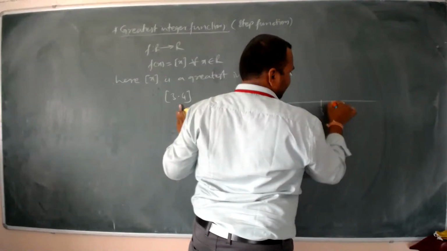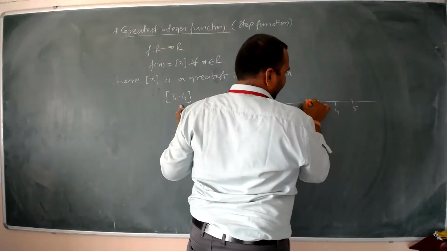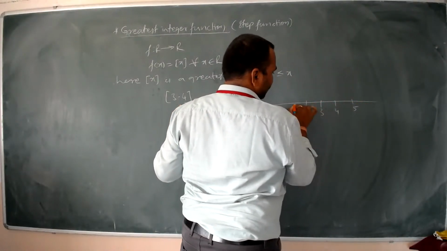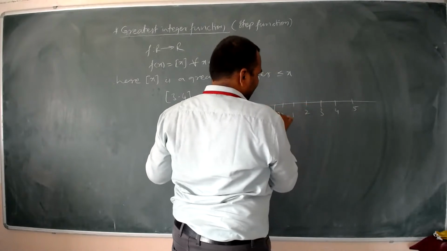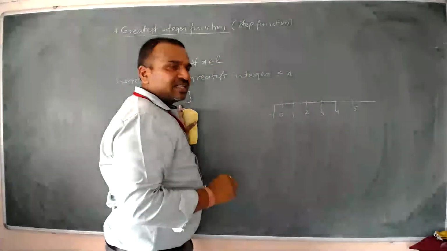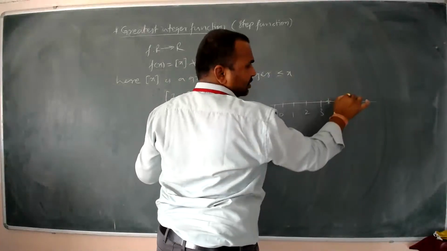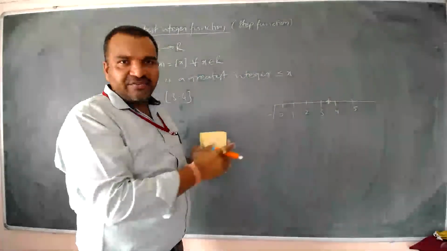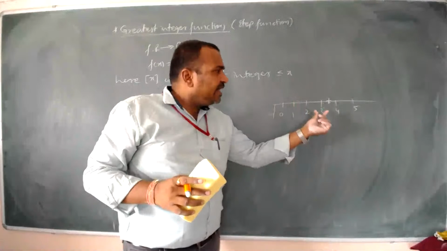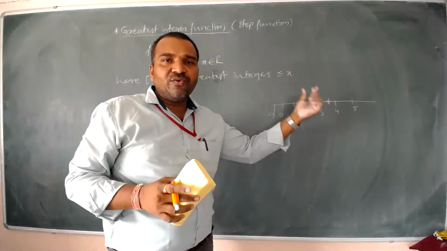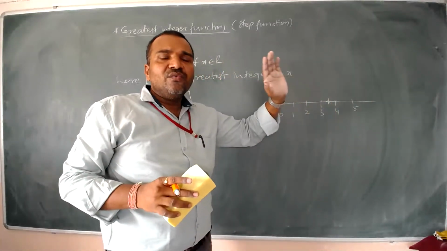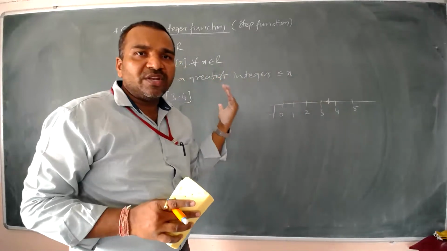Here, 3, 4, 5, 2, 1, 0, minus 1 like this. Where is 3.4? It is in between 3 and 4.